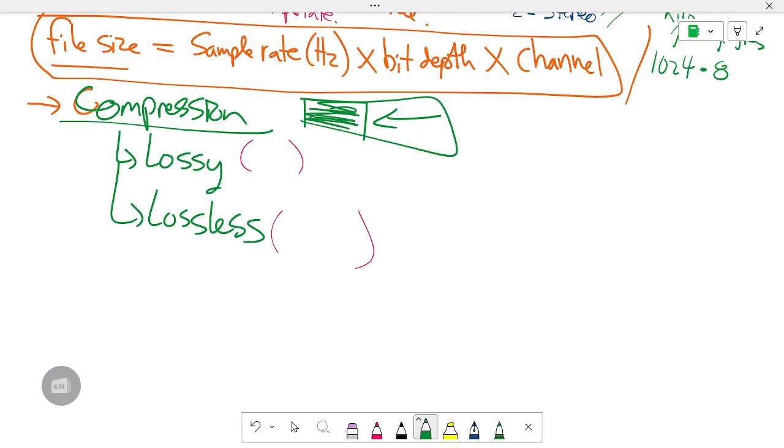Yeah, you lose some data, and it gives a very small size. JPG. Okay, what is lossless there? PNG. It's PNG. These are examples of images.